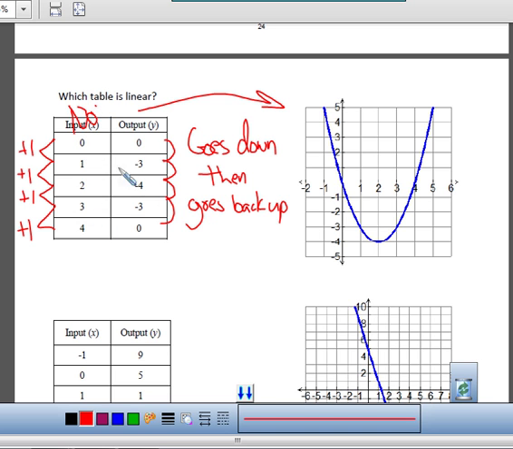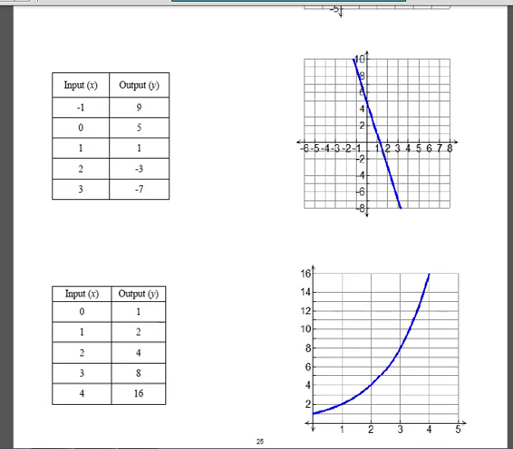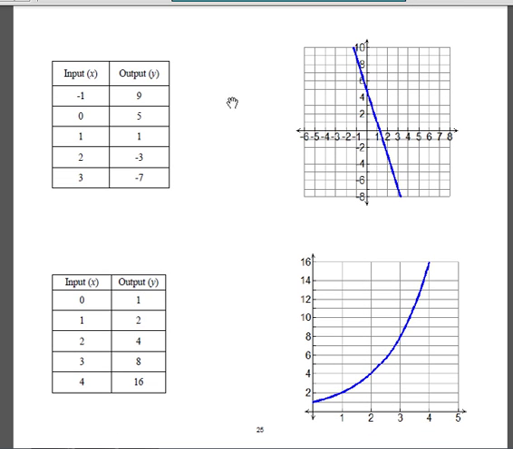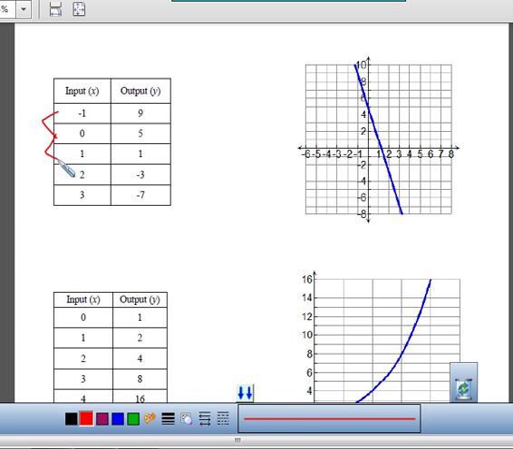The next one obviously is linear, because when you see the graph, you see the straight line. But let's take a closer look at the input and output values. So, the input values are increasing at a constant rate, and the output values are decreasing at a constant rate.